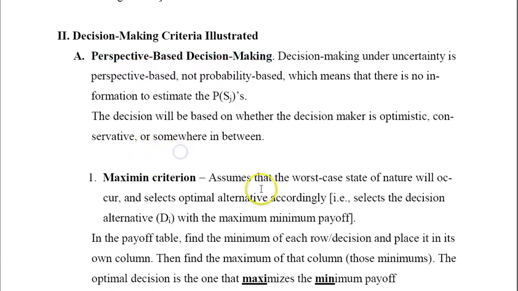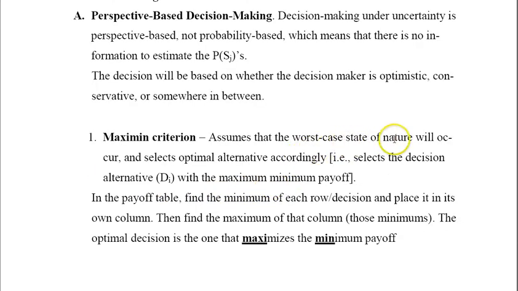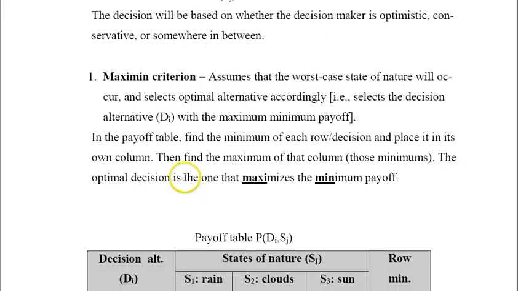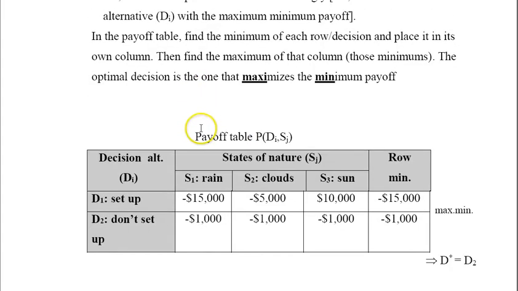All right. So for now, the first criterion is called the maximin criterion, and this assumes the worst case of the state of nature will occur. Basically, this is for a pessimistic individual, and the way it works is we look at the payoff table and then pick the worst payoff for decision one, which is losing $15,000.